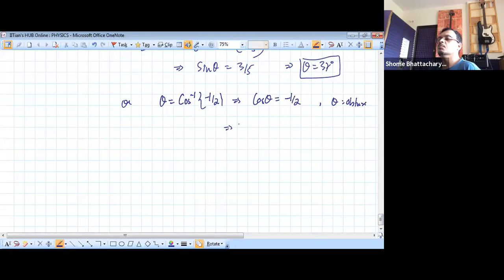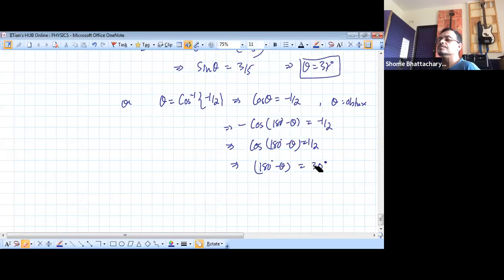Then minus of cos 180 minus theta is equal to minus half, so cos of 180 minus theta is half. So 180 minus theta is how much? 30 degrees, sorry, 60 degrees. Cos 60 is half. So theta.